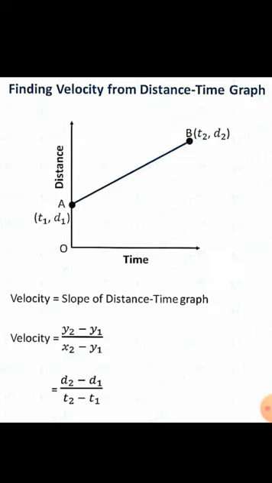So, between 2 points, y2 minus y1 will become equal to s2 minus s1 and x2 minus x1 will become t2 minus t1. So, we will have the slope of this graph given by the formula (s2 minus s1) by (t2 minus t1).